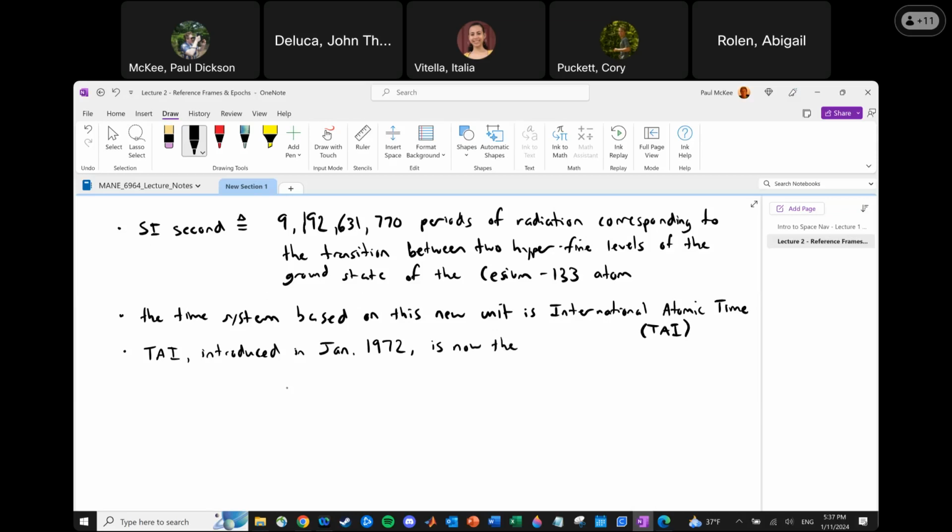It's the basis for interpolation and prediction of all other time systems.